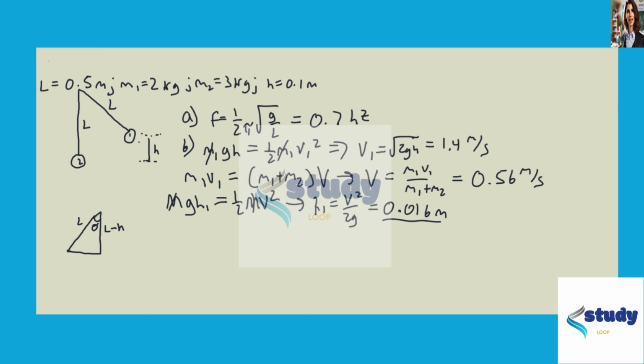Okay, so then the cosine of theta will equal L minus H over L, which equals 0.484 over 0.5. And we take the cosine inverse of both sides to get theta equals 14.5 degrees.